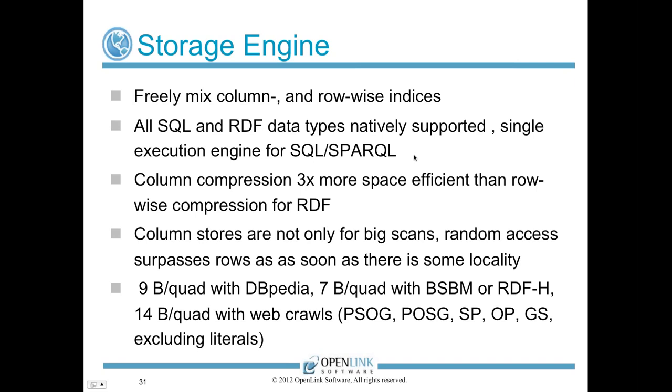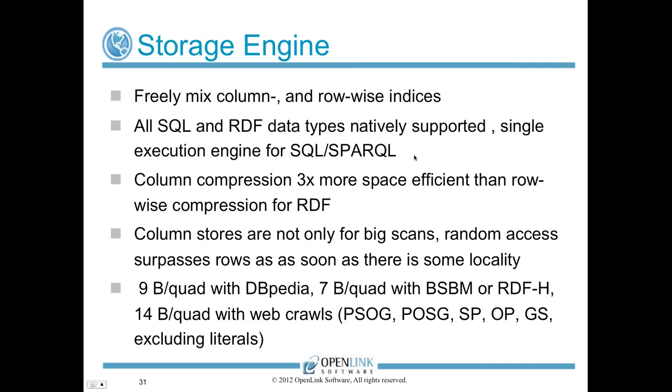So if it's a numerical value that's ordered, you can use deltas or delta encoding bitmaps. You can use run lengths if a value repeats. And all these techniques combine to give you very often at least 3 times better compression than the best compression you can get in a row store. This is really our experience.